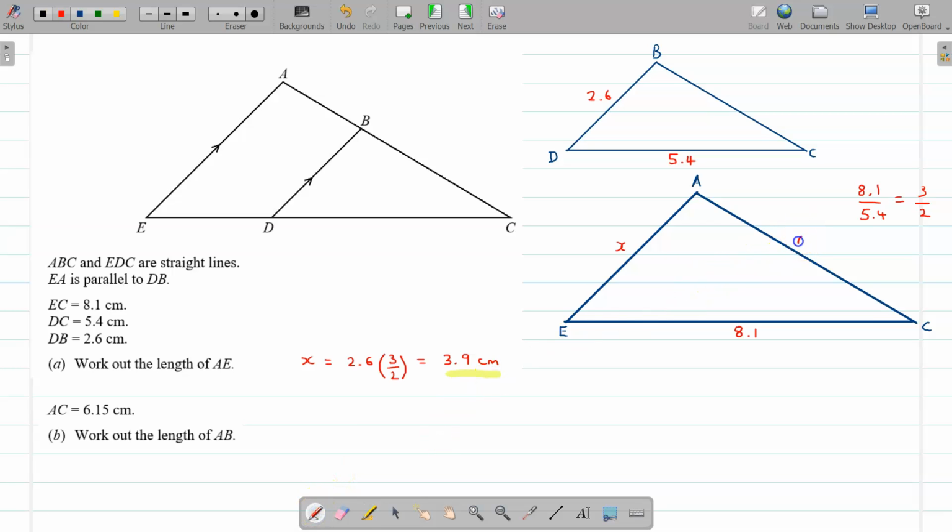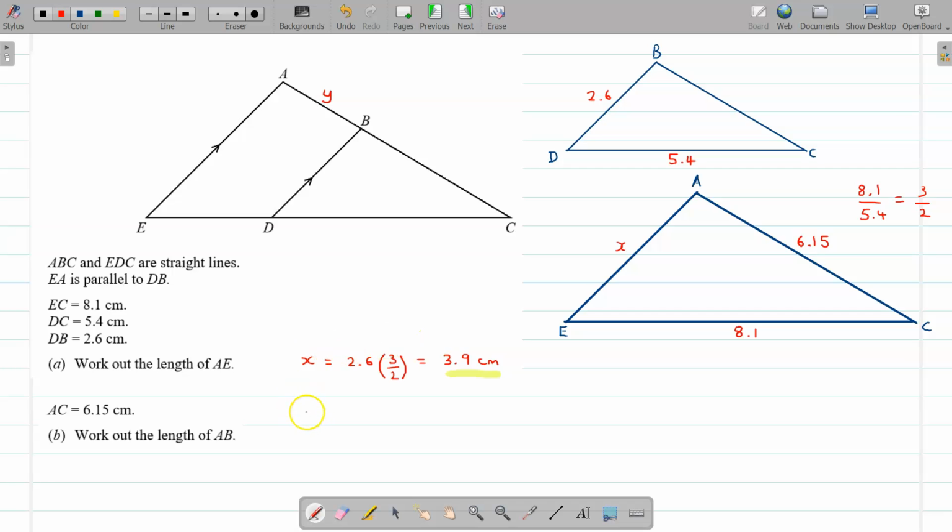I'll put that on the diagram, 6.15, to work out what the length of AB is. Now AB is this bit here, which I'll call Y. Now, there's several ways you could do this, but what I'm going to do is work out the length of BC, because I know that BC is 2/3 of AC.